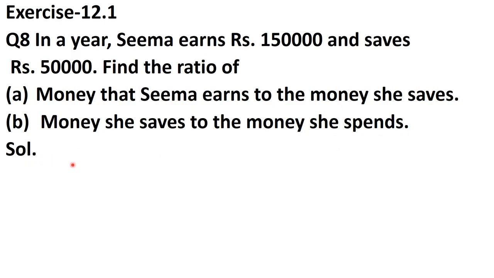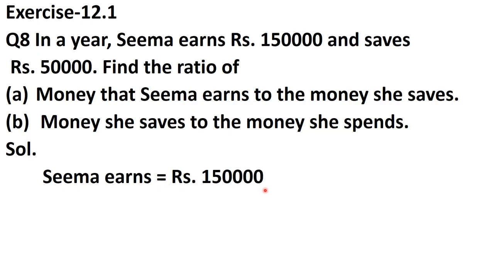Now see the solution. First of all, we need to write down all the necessary information that we are getting from the question. First is the total income that Seema earns. Seema earns how much rupees? 1,50,000. See, it is given here. And how much she saves? 50,000.